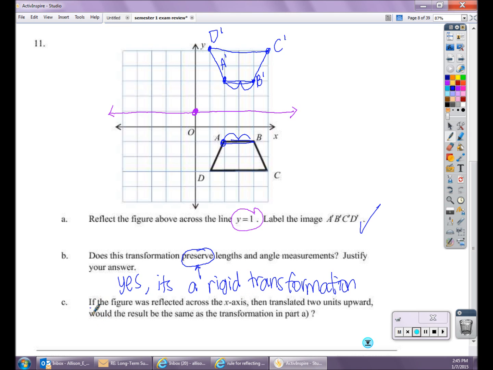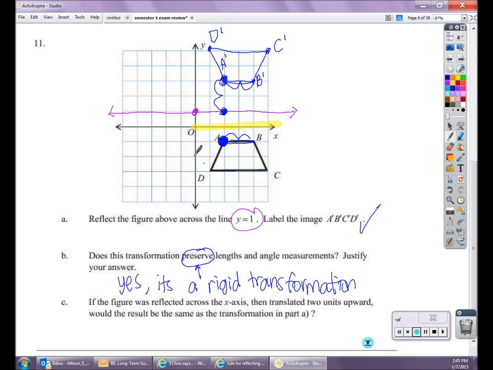All right, part C. If the figure was reflected across the x-axis, so let's reflect this one across the x-axis. So 1, remember this is the x-axis. So 1, pass, it would land there. So, and then translated 2 up. 1, 2. Would the result be the same?